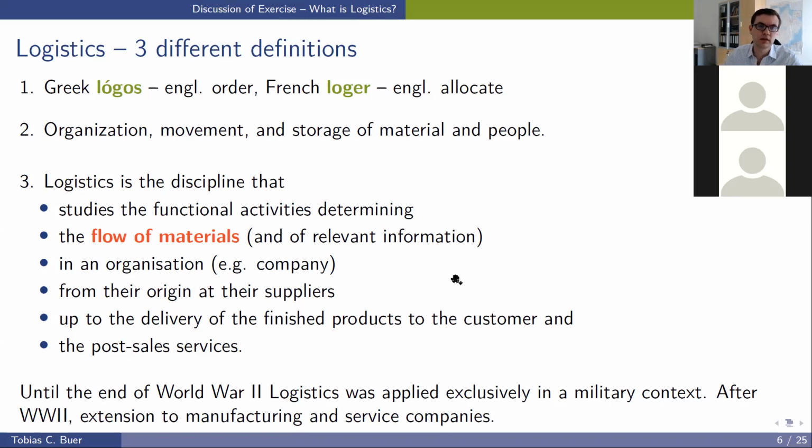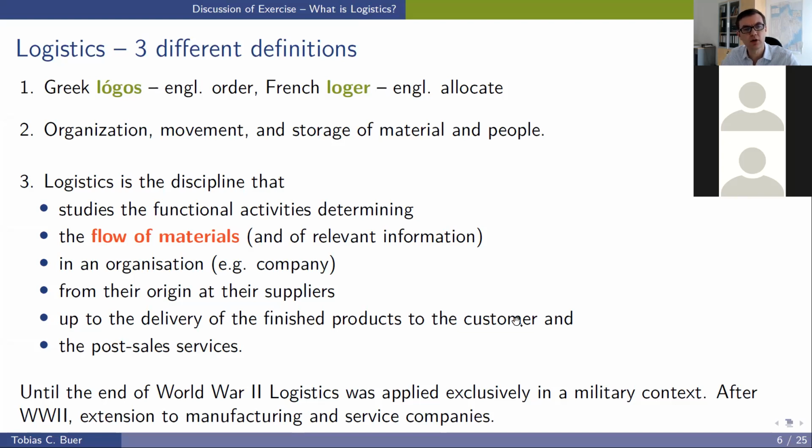So logistics is the discipline, the scientific discipline, that studies the functional activities determining the flow of materials and the information that is related to this flow of materials in an organization, typically a commercial company, but it can also be a non-commercial company, of course, from the origin at their suppliers, that means outside the company, up to the delivery of the finished products to the customer of this company and the post-sales services.